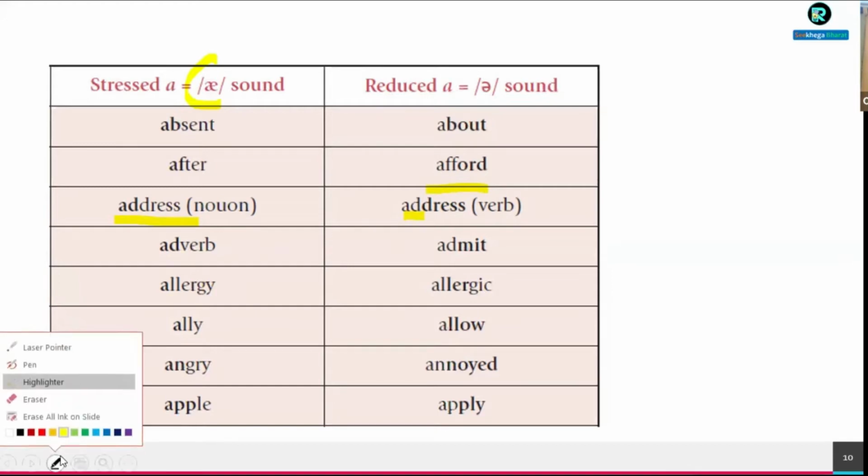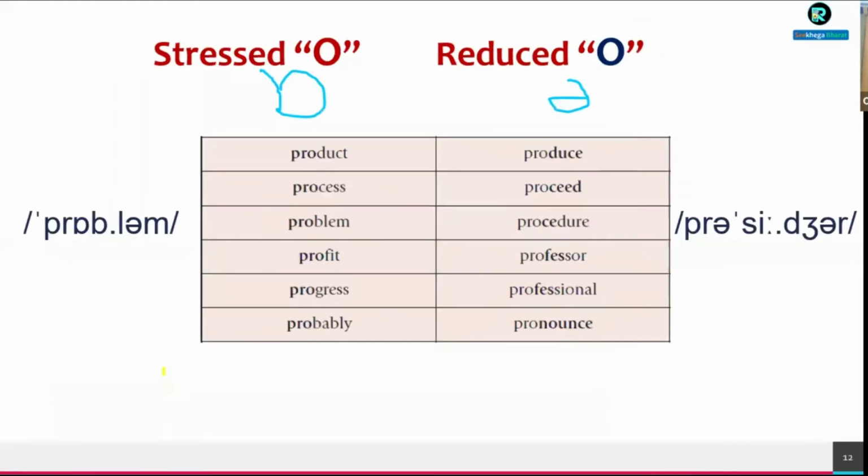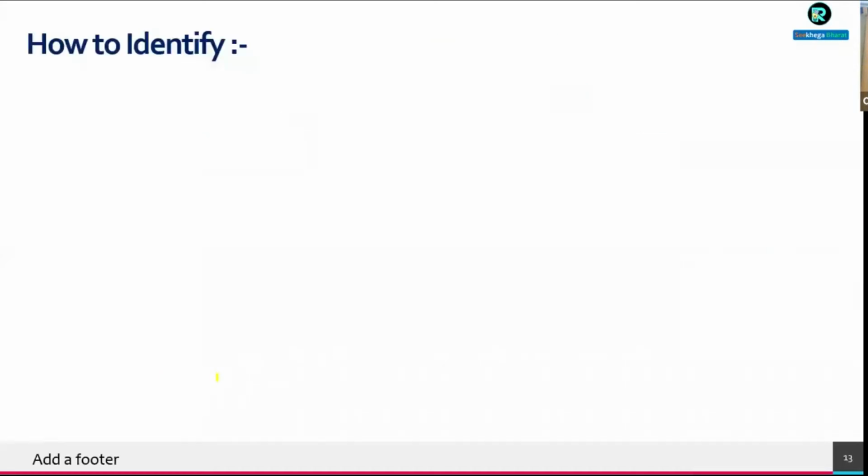These things we discussed yesterday. Product, produce. Process, proceed. Problem, procedure. Prophet, professor.